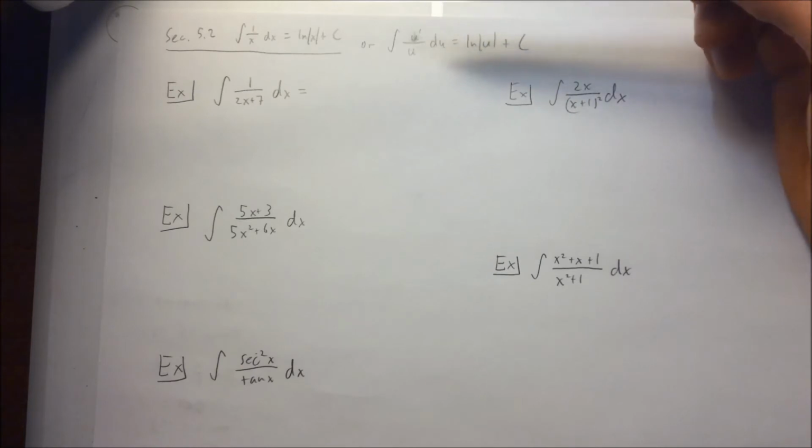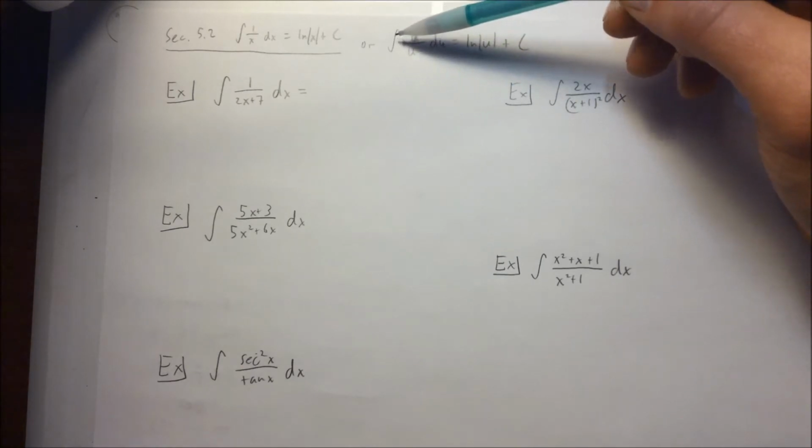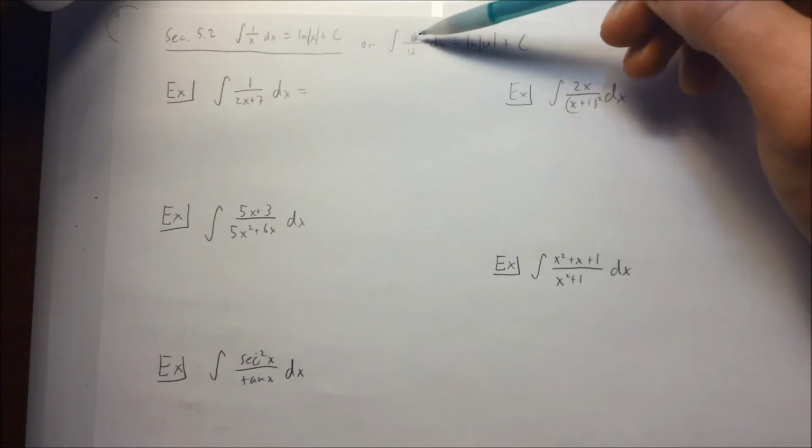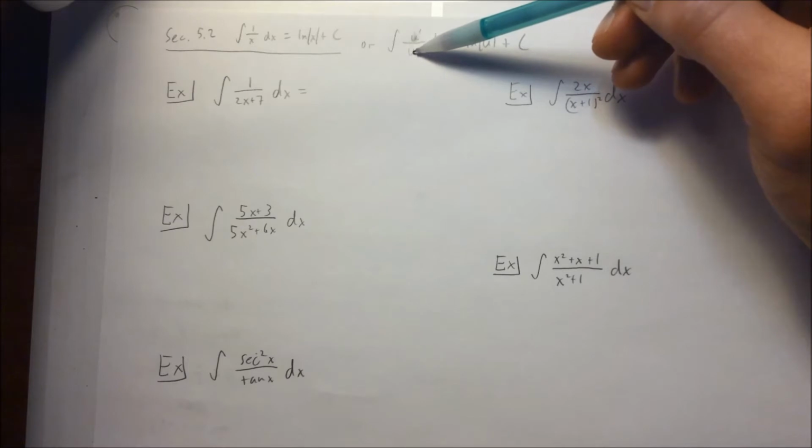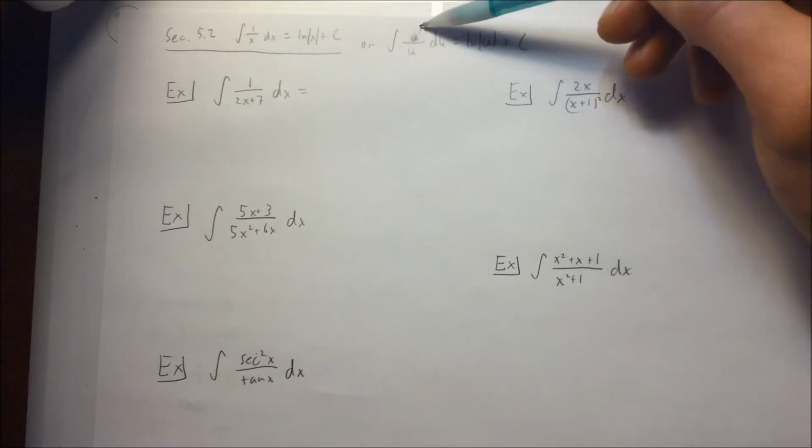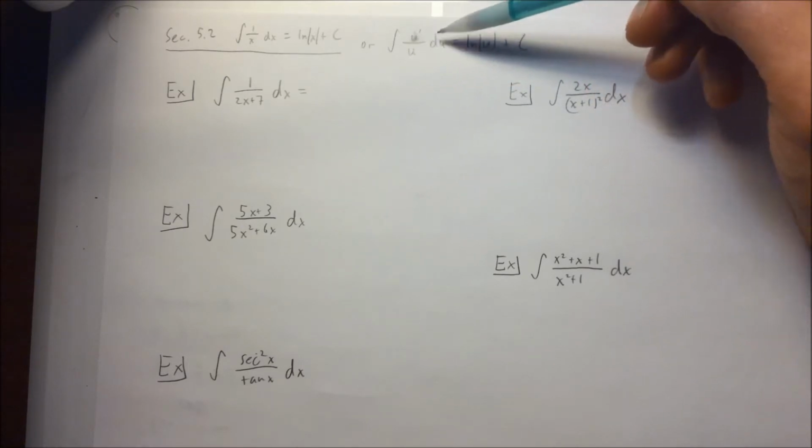A better way to look at this, though, is actually the following. The integral of not 1 over x, but with some function on the bottom, where the derivative of the function is on top, du.